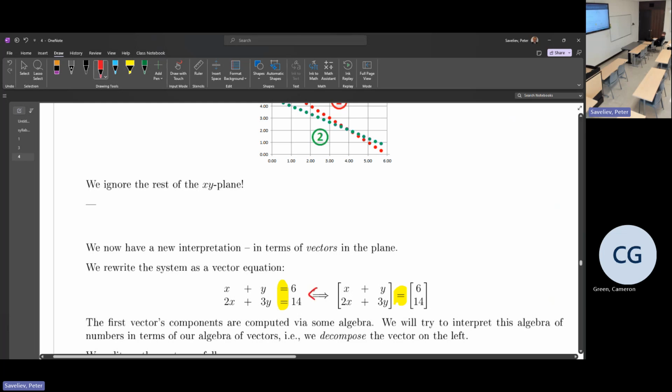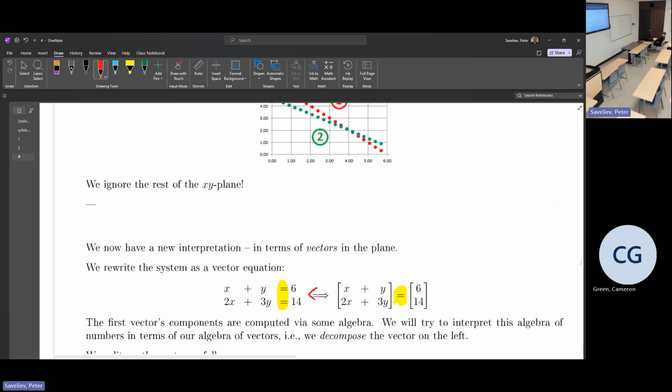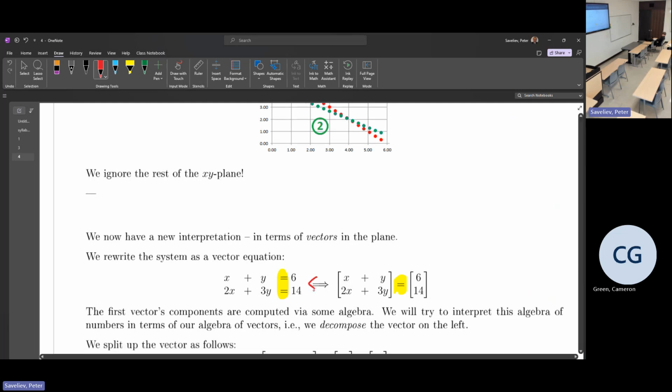What does it mean for two vectors to be equal to each other? That literally means that the first components are equal and the second components are equal. So that's what's written on the left, or on the right. It's exactly the same thing. It was entirely our choice what's on the left or on the right. We're using the algebra that we already know, and so it's called the column decomposition.